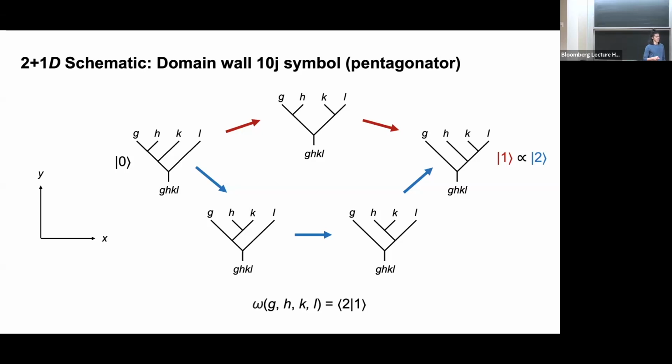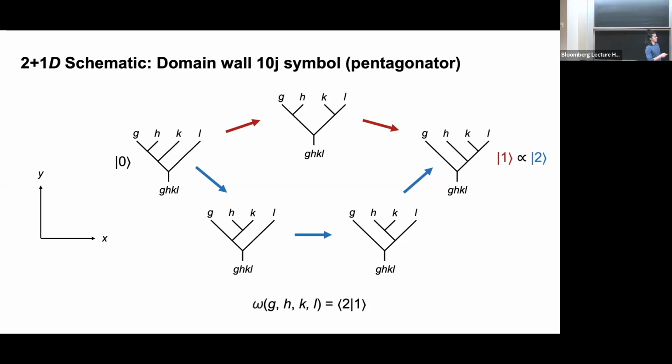Basically, if in 1+1d the F symbol measures the failure of domain fusion to associate, then the analogous statement in 2+1d is that the 10J symbol measures the failure of domain wall associativity to pentagonate.